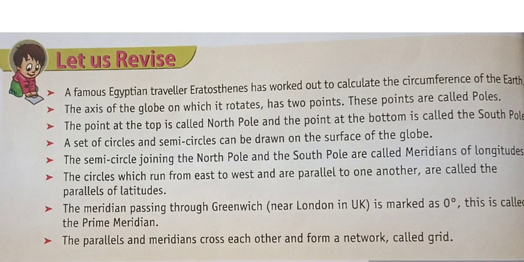The meridian passing through Greenwich near London in UK is marked as 0°. This is called the prime meridian.